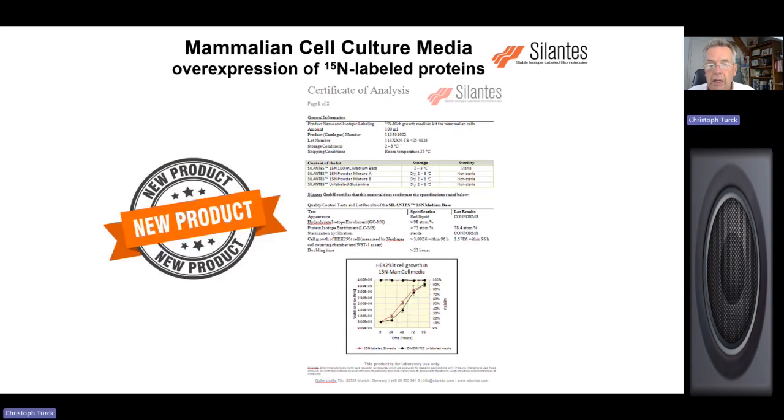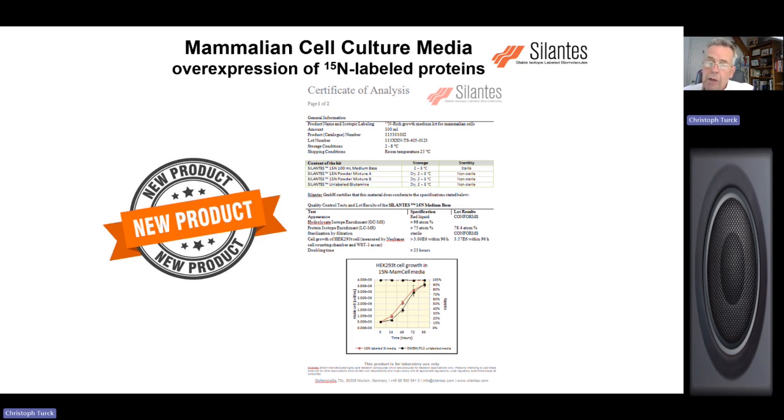Now, finally, I'd like to make you aware of the fact that Silantes has now developed a media. So this is not really SILAM. It's not a mammalian organism, but it's mammalian cells that can also be labeled with 15N. The major applications are for NMR.